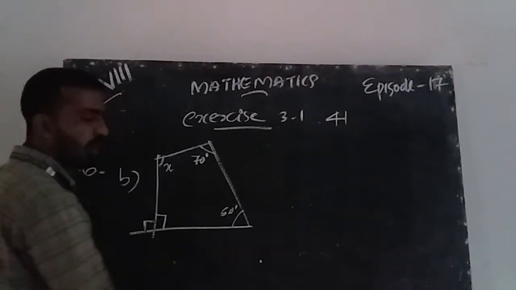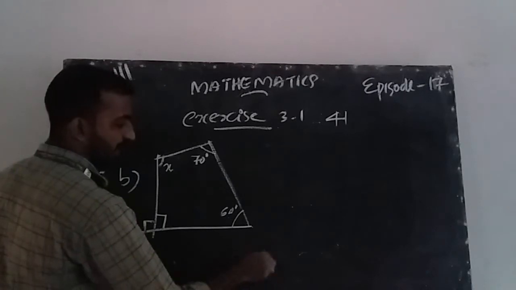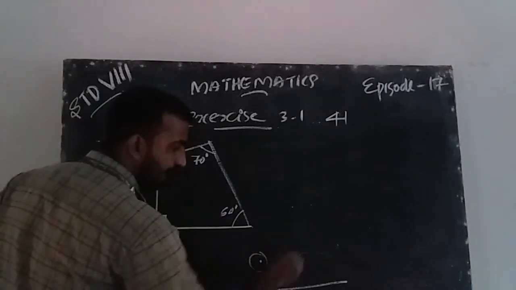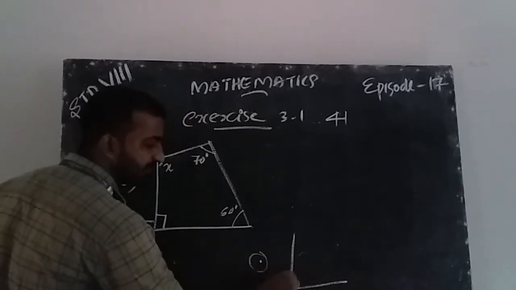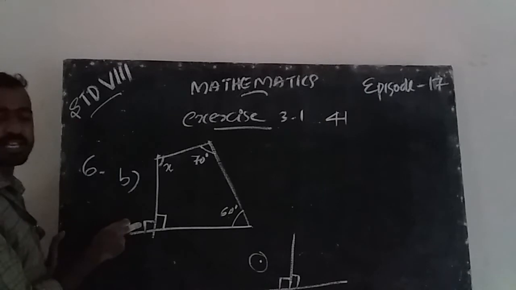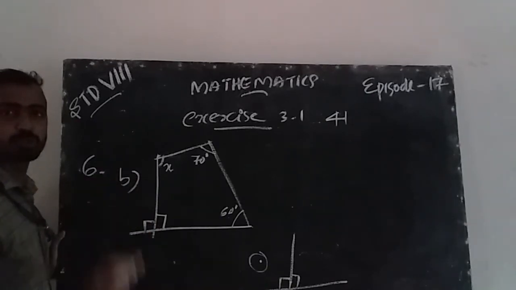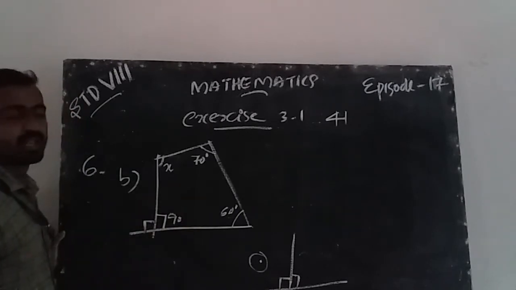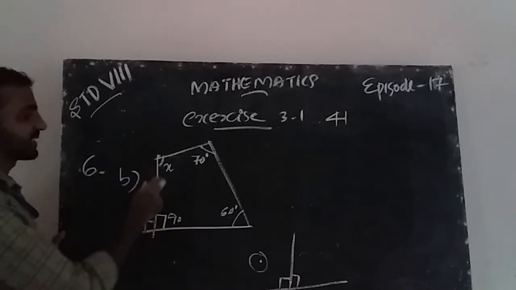That is, in a point the angle is 360 degree, and for a perpendicular line we get 90 and 90. One side is 90, so the other side must be 90. So here is 90.